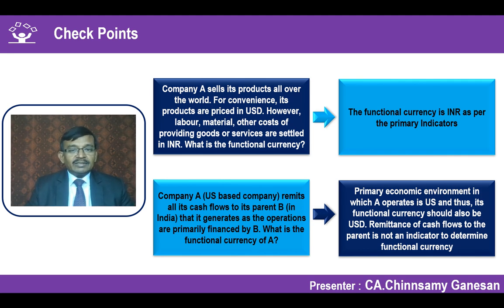We assume that type of autonomy is available for the US subsidiary. To that extent, the primary economic environment in which the US subsidiary operates is the US dollar, and accordingly, that becomes the functional currency. Suppose I say there is no autonomy, then it becomes INR for the US company as well.